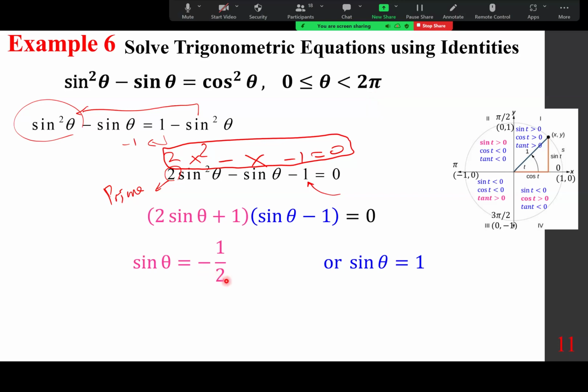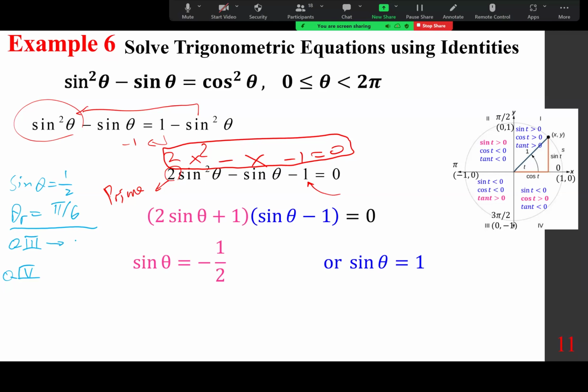Negative 1/2, I'm going to do the same thing again. I'm going to go with 1/2. I'm going to say, okay, if sine theta was 1/2, then the reference arc would be pi over 6. Okay, but it's negative 1/2, which means either quadrant 3 or quadrant 4.